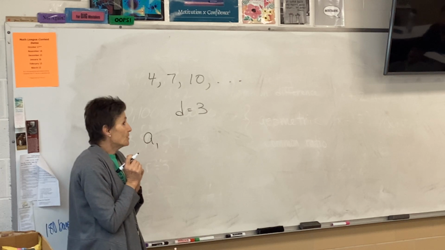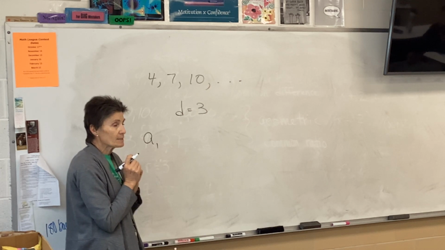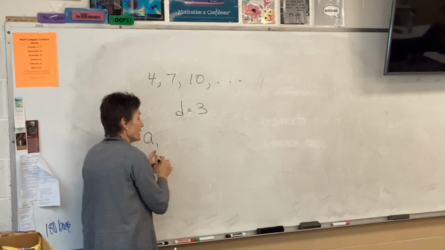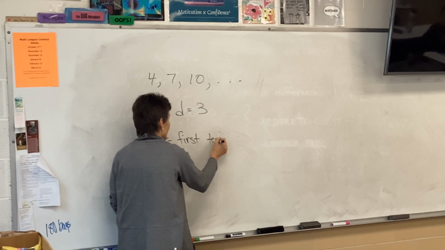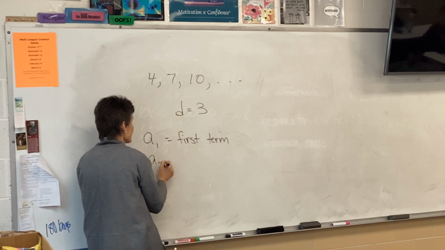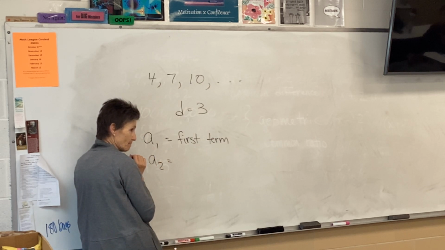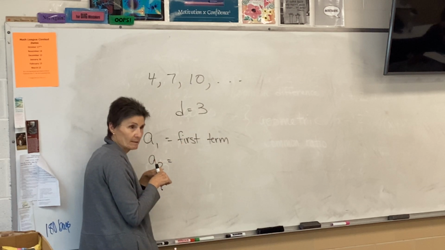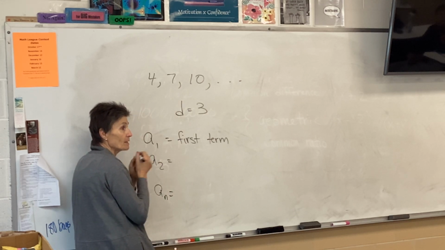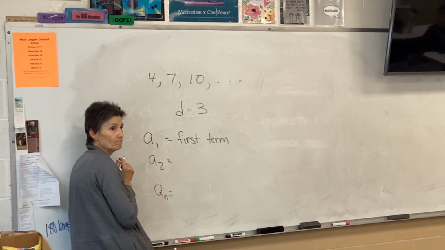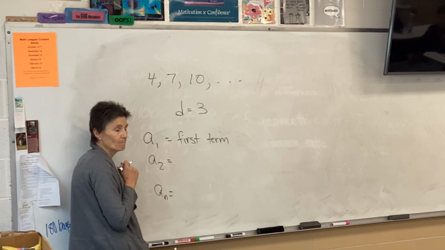The notation you use is irrelevant. A sub 1 indicates the first term. So what do you think A sub 2 indicates? Okay, you got it. A sub n will indicate the nth term, whatever you want n to be.